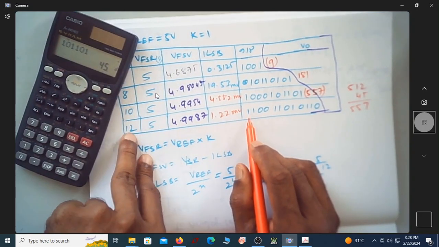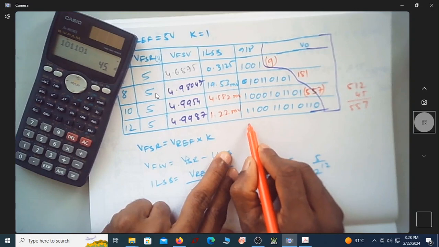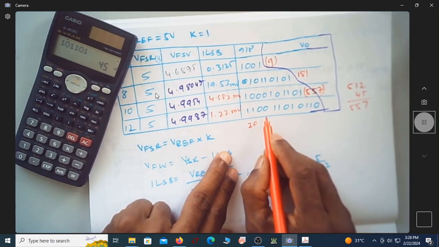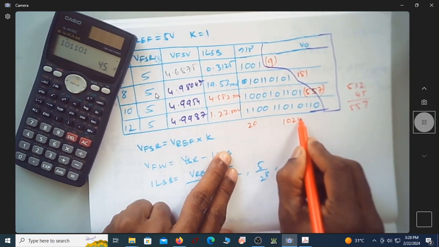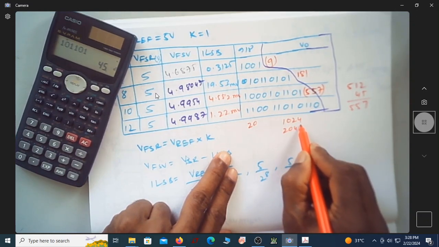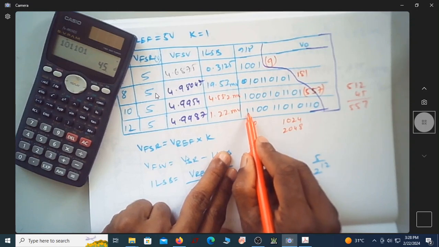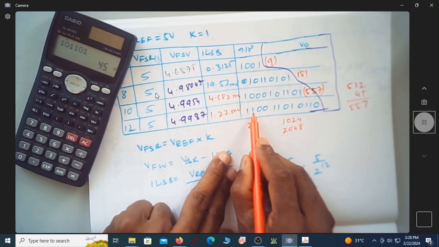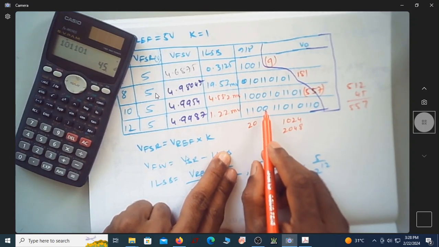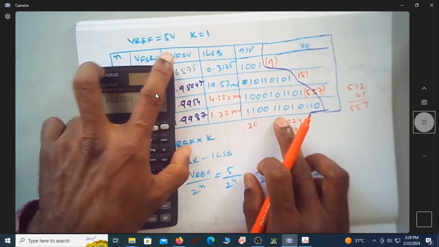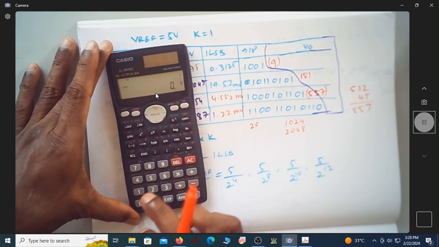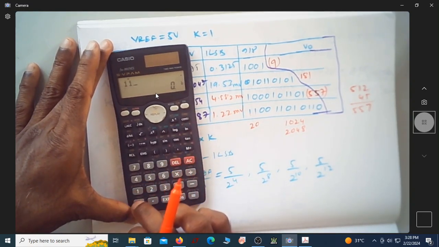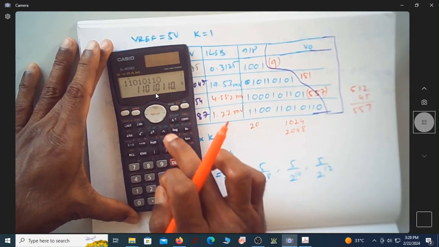Coming to this, if it is 12 bit, then this value is 2048, this value is 1024, and the remaining values are, let me type it as binary, 11010110 equals decimal.